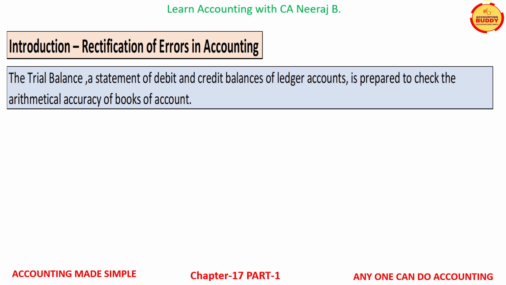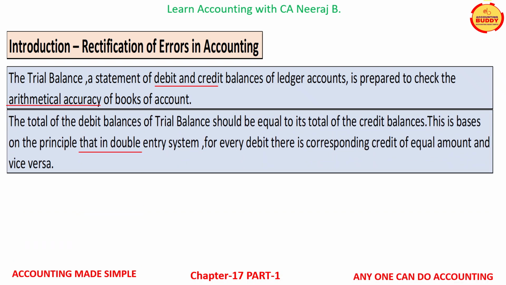The trial balance, a statement of debit and credit balances of ledger accounts, is prepared to check the arithmetical accuracy of books of accounts. The total of the debit balances of the trial balance should be equal to its total of the credit balances. This is based on the principle that in the double entry system, for every debit there is a corresponding credit of equal amount and vice versa.